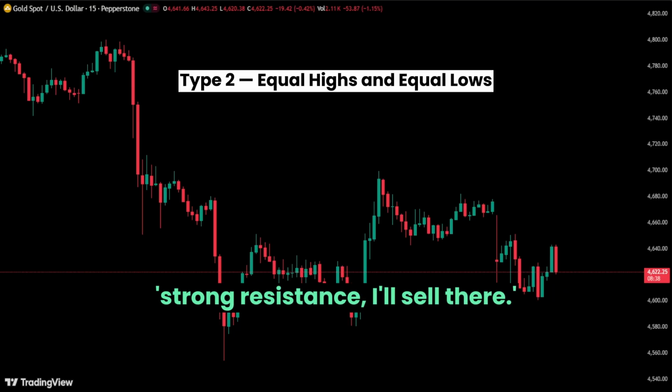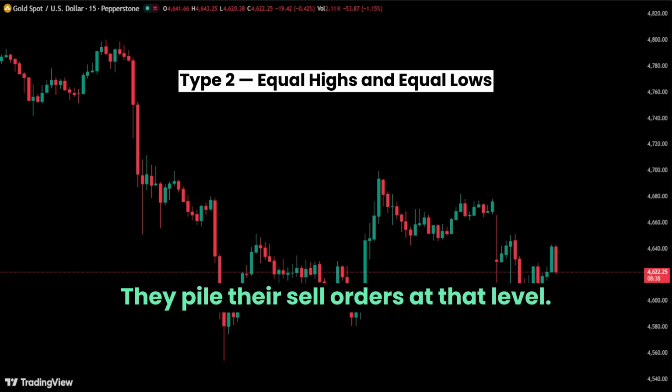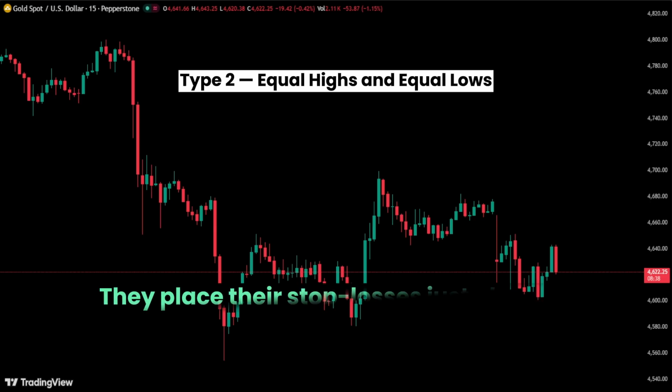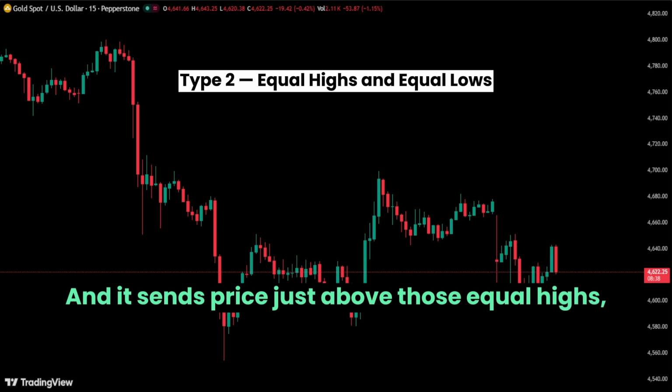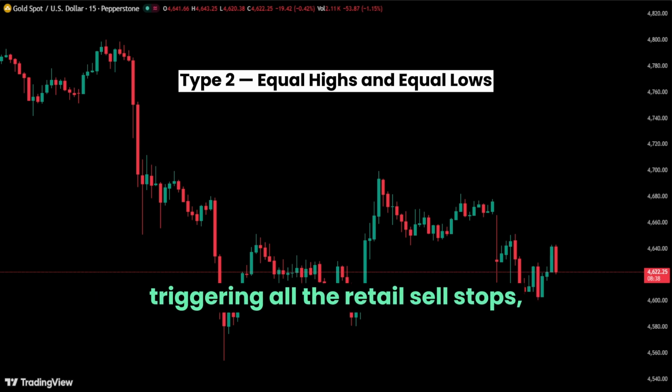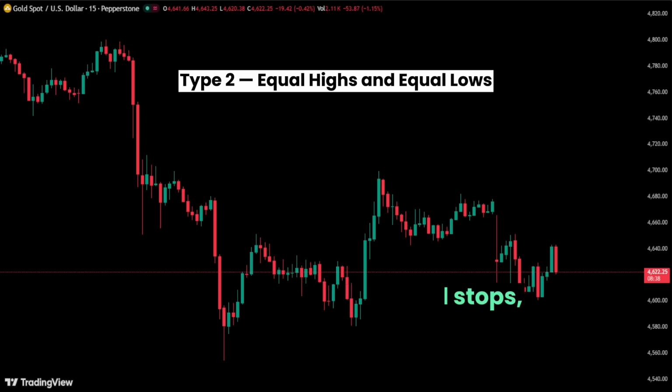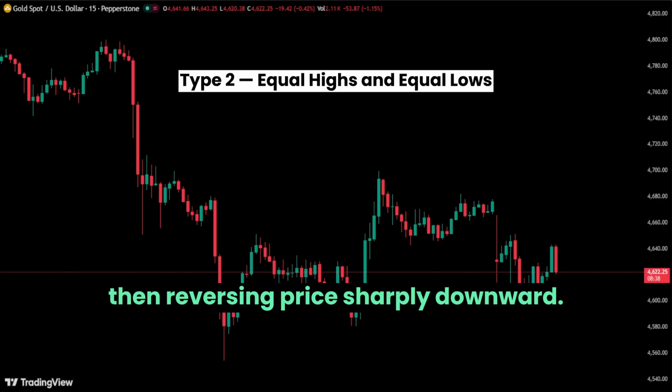I'll sell there. They pile their sell orders at that level. They place their stop losses just above it. The bank sees the concentration of orders and sends price just above those equal highs, triggering all the retail sell stops, collecting all the liquidity, then reversing price sharply down.